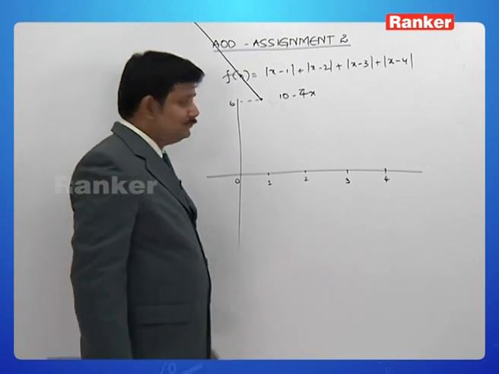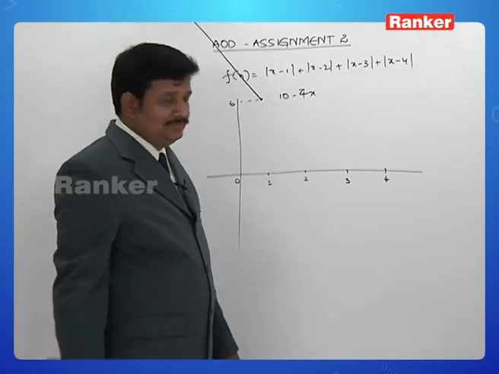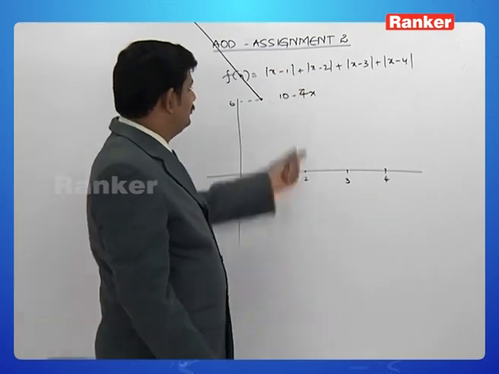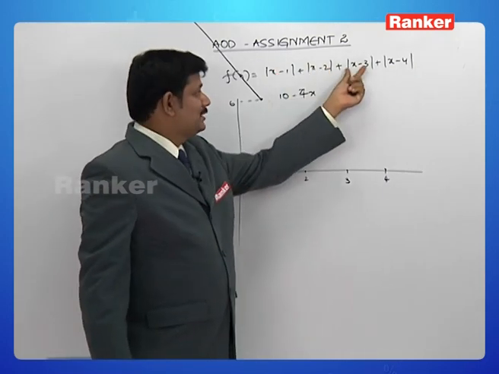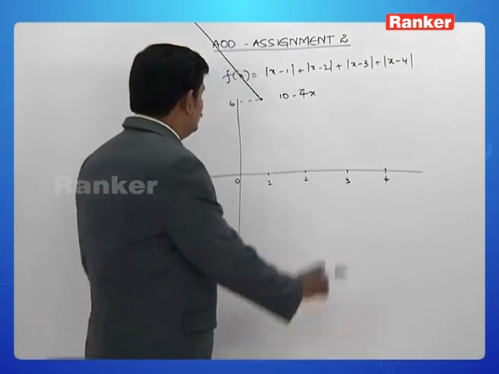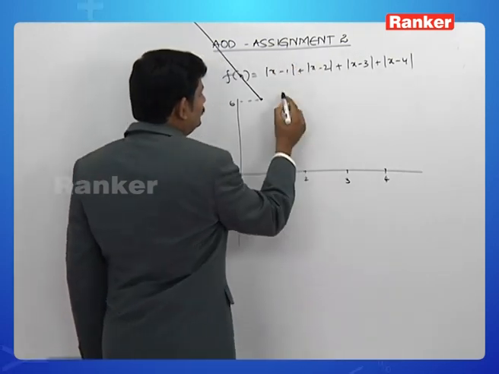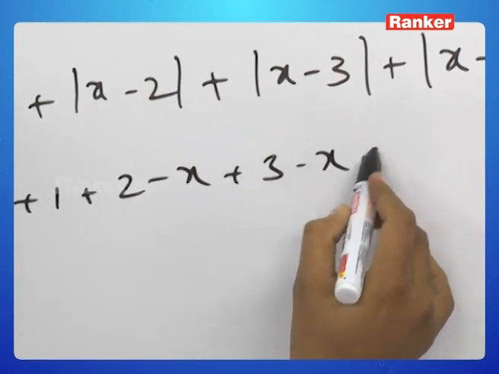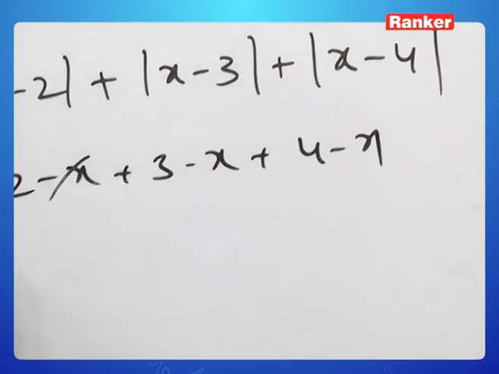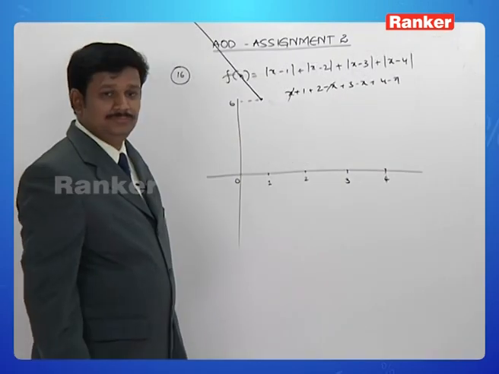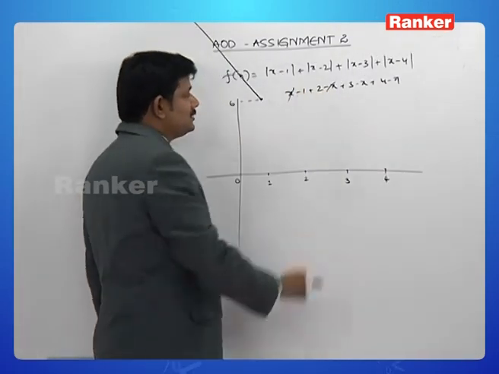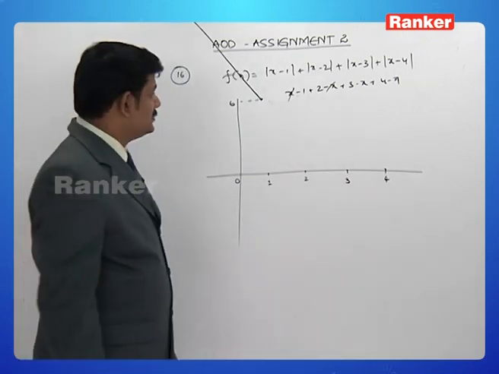Between 1 to 2, x minus 1 is positive, x minus 2 is negative, x minus 3 is negative, x minus 4 is negative. So the function would become x minus 1 plus 2 minus x plus 3 minus x plus 4 minus x. x and x get cancelled.